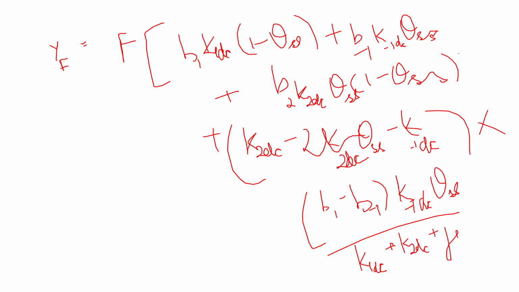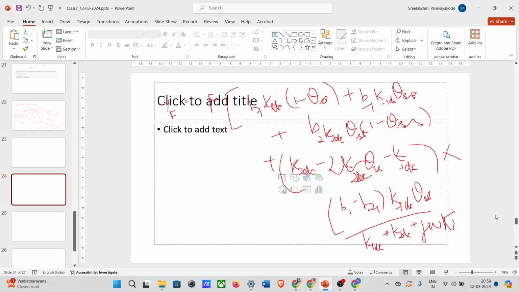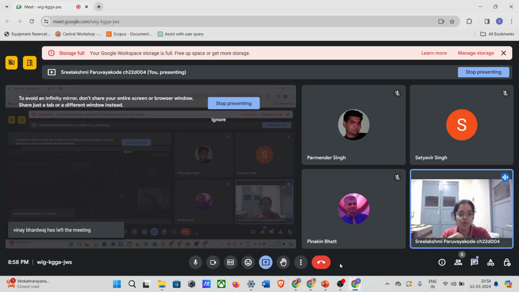So this is the final equation that you'll get. So this was what you saw in the last week. Is there any doubt? Have you finished? Is that clear? Do you have any doubt? So this is what we saw in the last class.